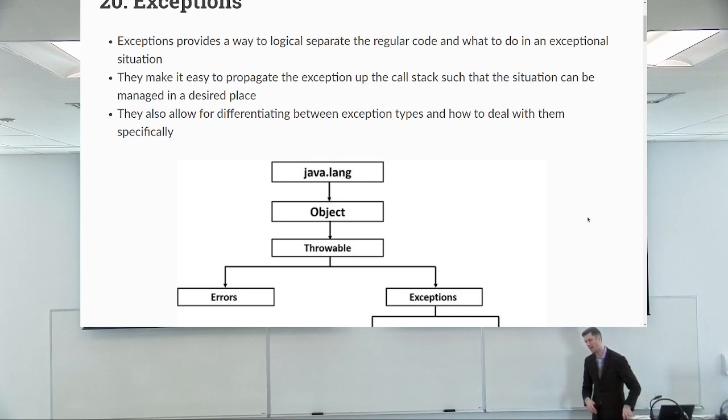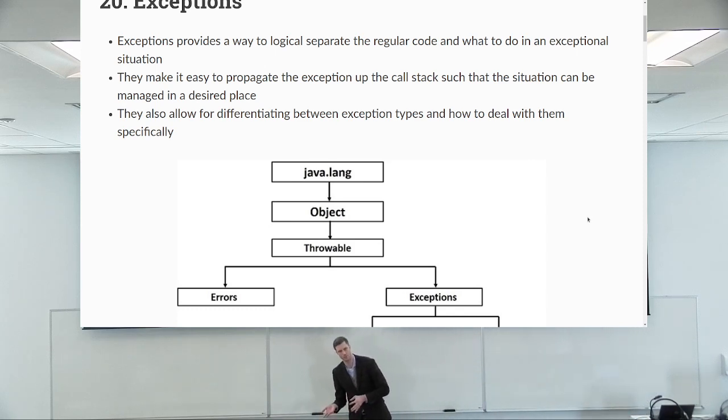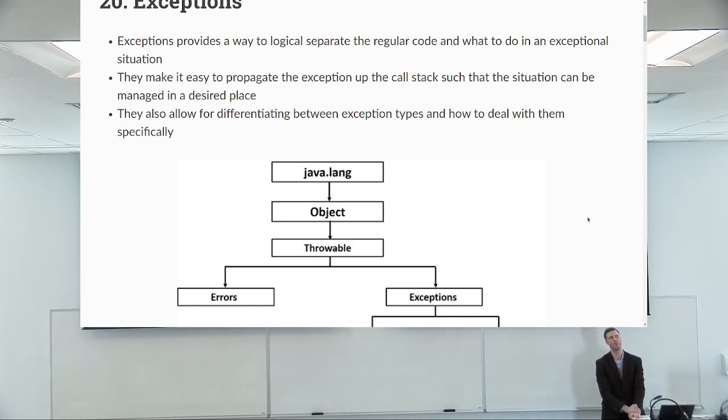Because I might have a method that can raise an exception for multiple reasons. If you actually go and look at the array indexed bag, I believe there's a couple of methods in there that can raise 2 different types of exceptions.